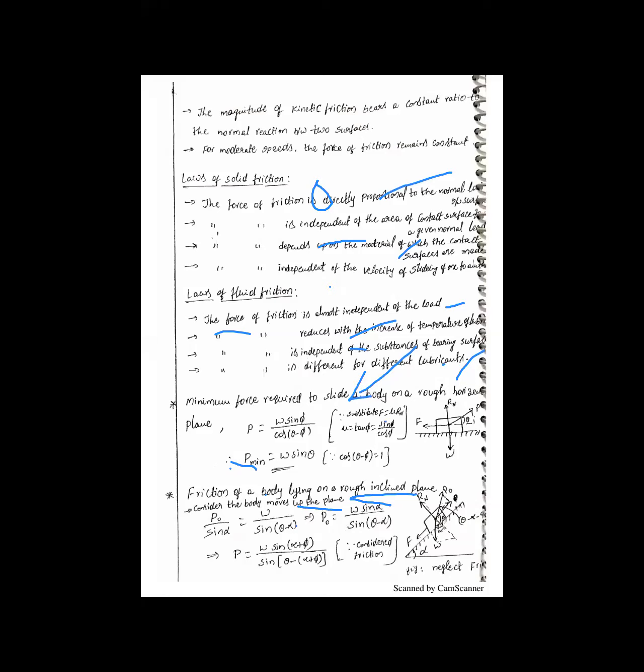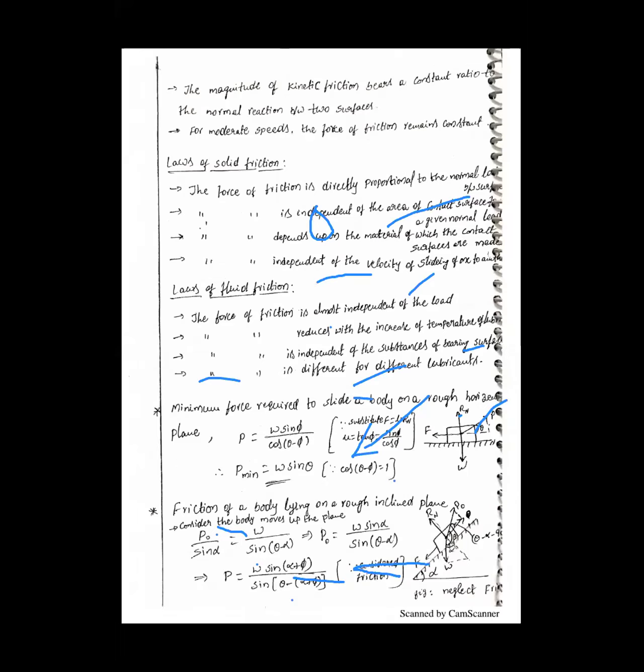I directly wrote the minimum force P value with friction and without friction. When you do the formulation and calculation procedure, you will get the values: how much is P and how much is P naught. Because how many forces are there and what the angles are between the forces is already given in our diagram. It's not a tough task. You already did such problems in the friction chapter in our engineering mechanics.